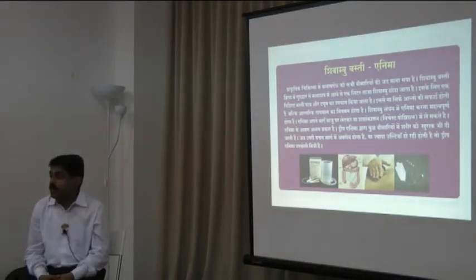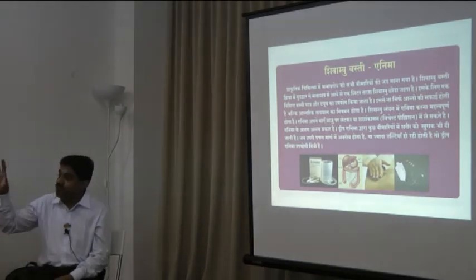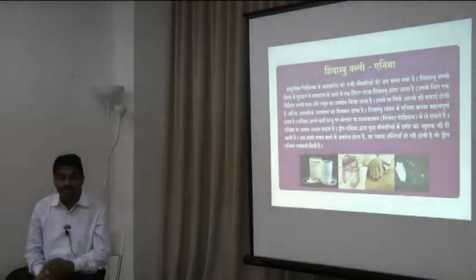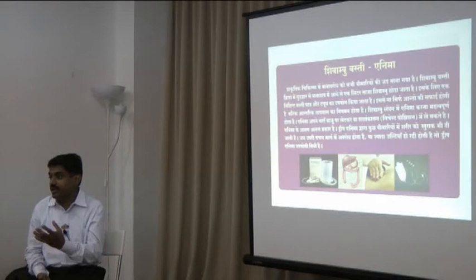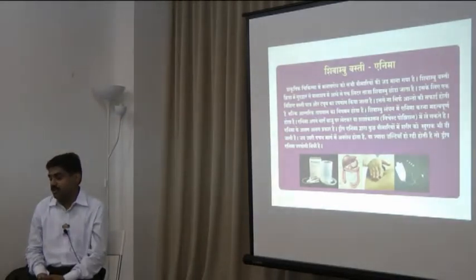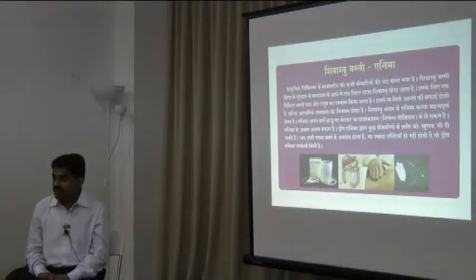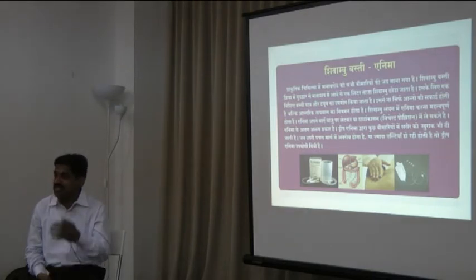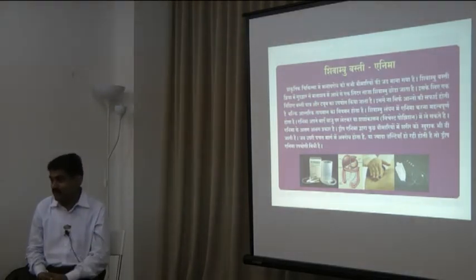Generally in modern practice for enema, they use lukewarm water, or sometimes in modern medicine they use soap water. In Ayurveda we use various types of herbal extracts for enema. There are two types of enemas generally given. One is called a cleansing enema or eliminative enema, and another is called retention enema.